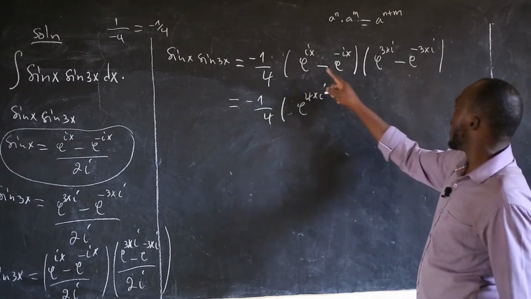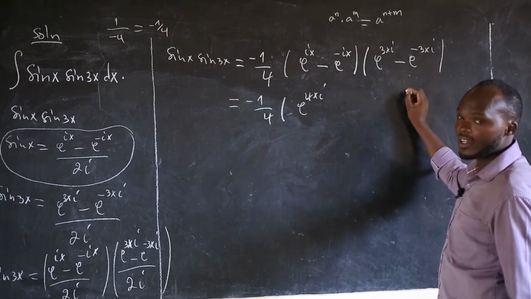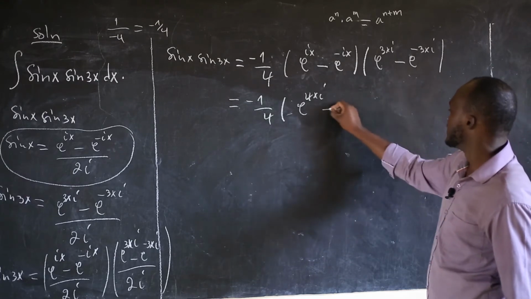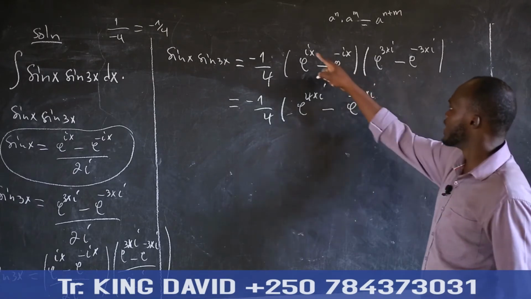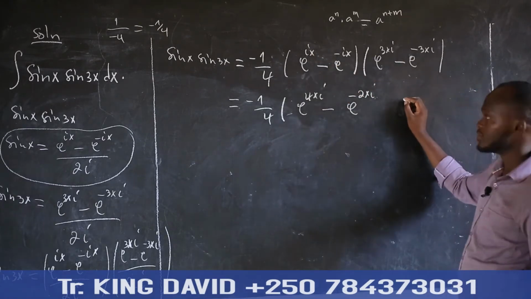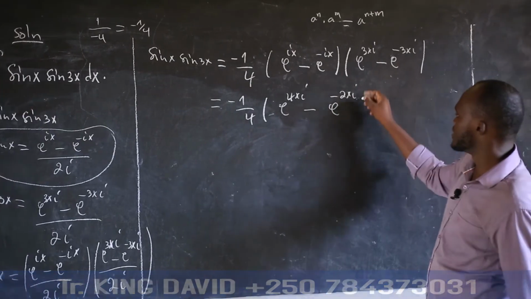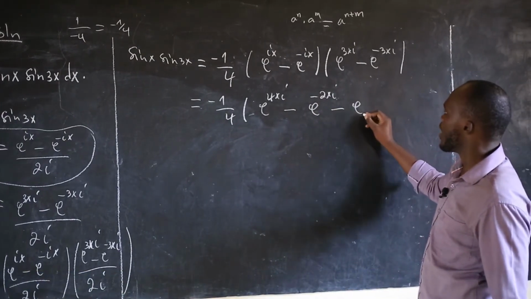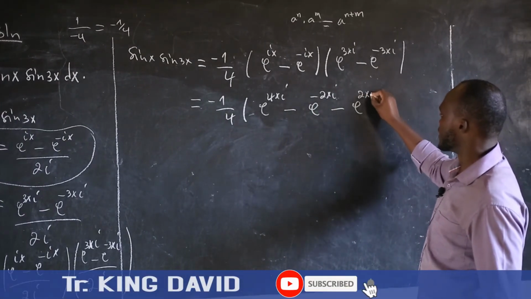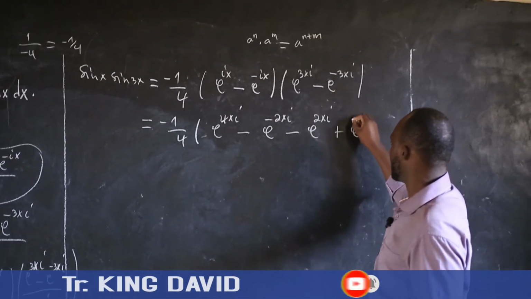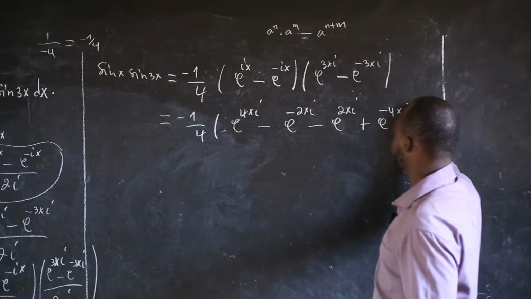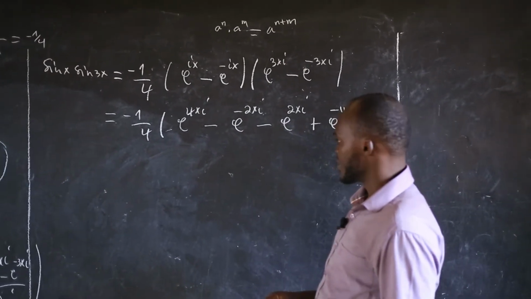Then e power ix times e power negative 3xi, that's negative e power negative 2xi, because 1 minus 3 is negative 2. Then this one times this, that's negative e power 2xi. Then plus e power negative 4xi. I hope we are together there.